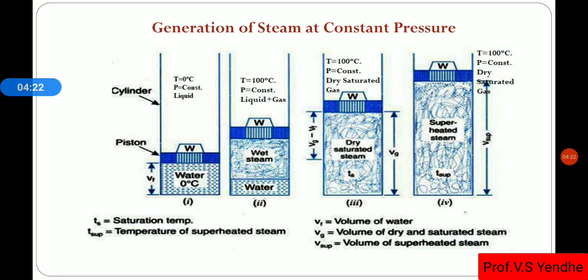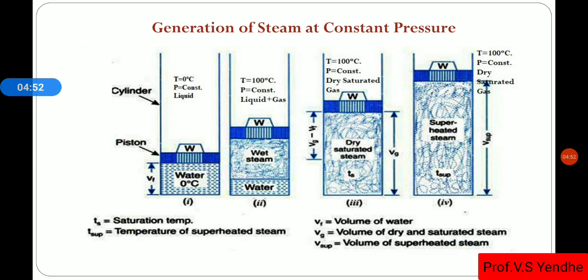So in figure 2, we can see that after heating for some time, there is the production of steam inside the cylinder. That means it is a liquid plus gas phase. The total water is not converted into vapor, but some amount of water is converted into vapor and some water remains inside the cylinder.